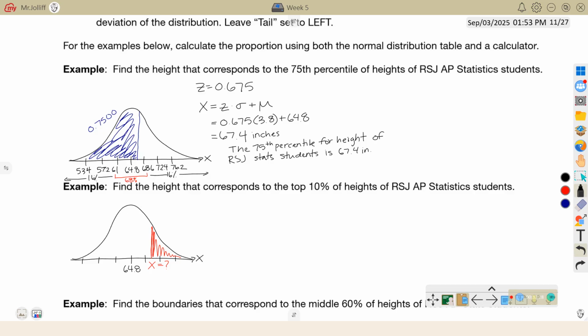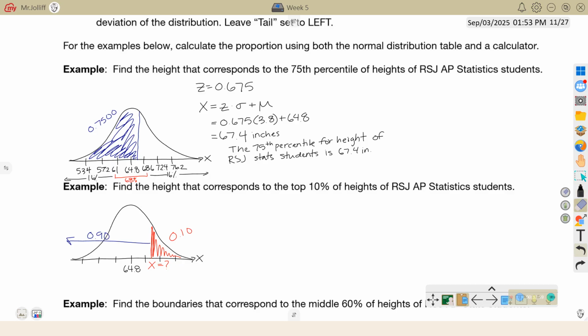So I need to know if this right here is 10% or 0.10. What is the area to the left? 90% or 0.90. Good. Area to the right is 10%. Area to the left must be 90% because the whole curve is 100%.